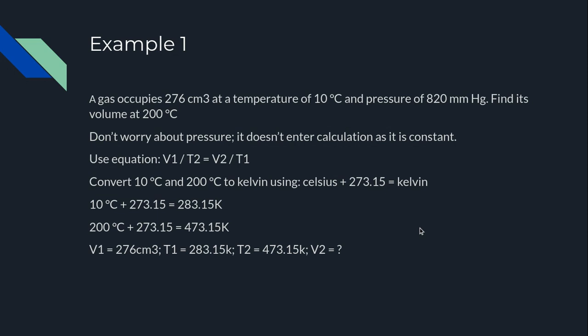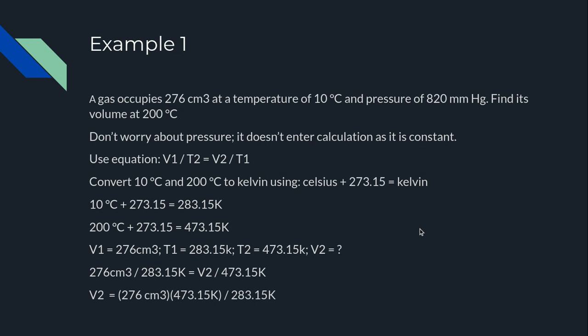T2 equals 473.15 kelvins, and V2 is what we're solving for. 276 centimeters cubed divided by 283.15 kelvins equals V2 over 473.15 kelvins.